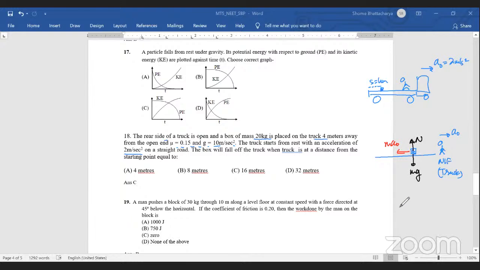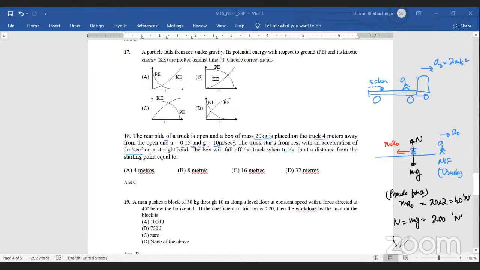So you can see the pseudo force is equal to 20 kg multiplied by 2 meters per second square, so 40 newtons. Whereas the normal reaction, which balances the weight, is equal to 200 newtons.